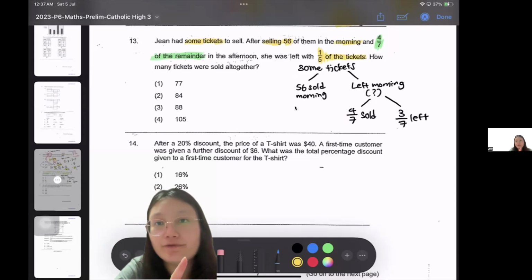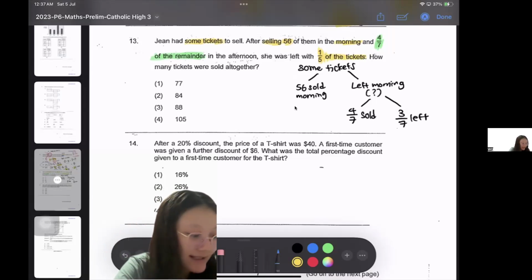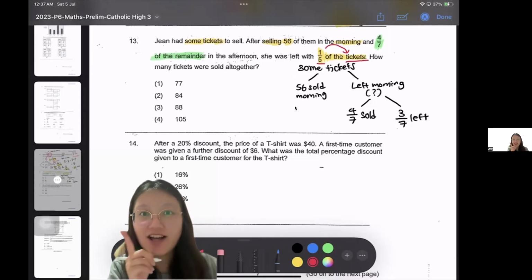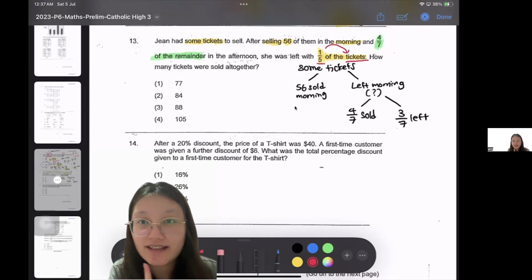Do you see the 1/5 is of the tickets? That means the tickets is the number of tickets she had at the start. This is not the remainder. It's not 1/5 of the remainder. It was 1/5 of the tickets.